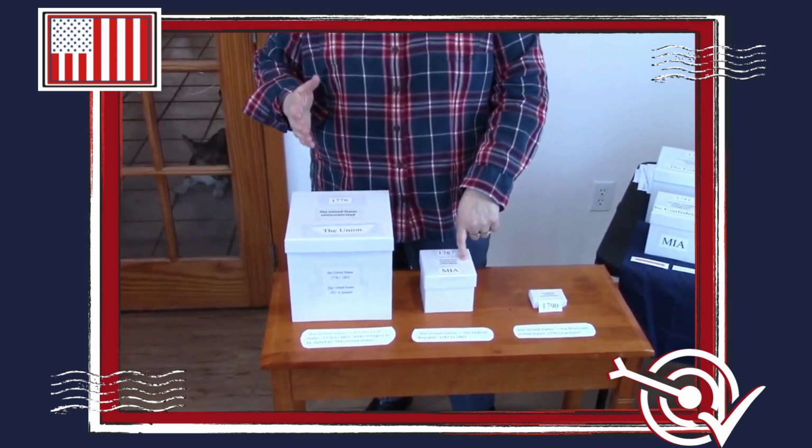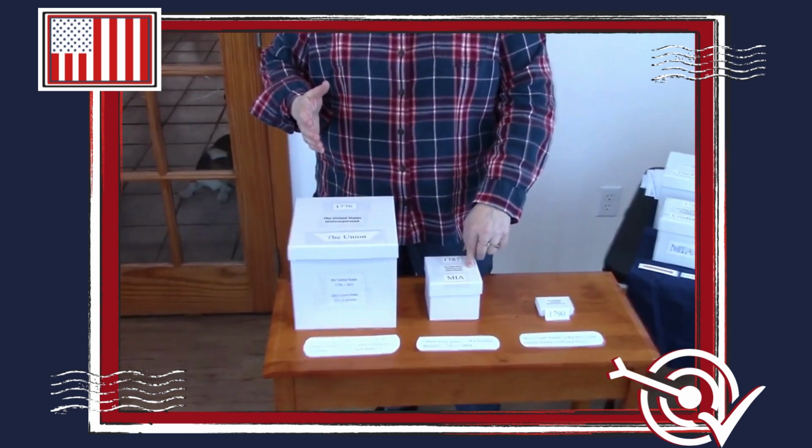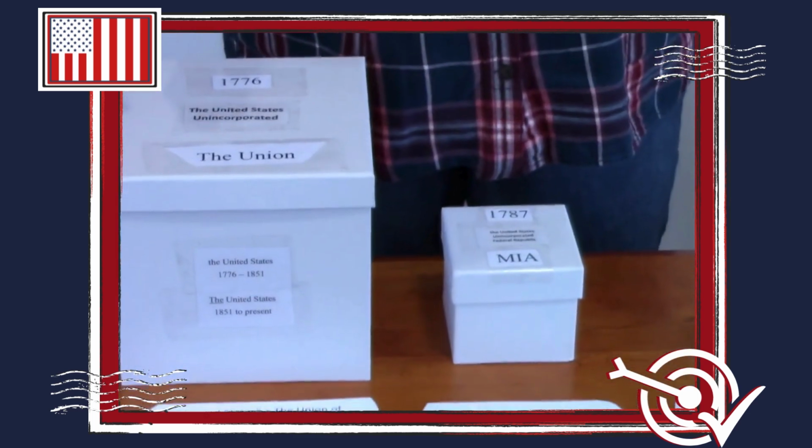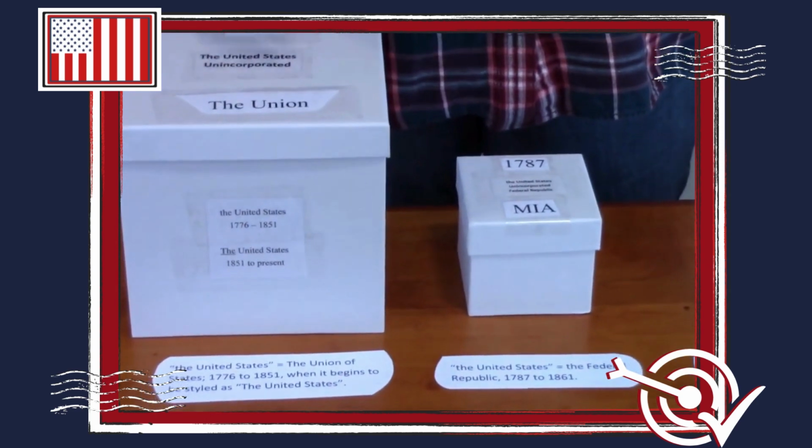Otherwise, from the time period of 1787 to 1861, when the Federal Republic stopped functioning, there's a possibility that you could be talking about any one of these three when you're reviewing historical literature of the time period. So you always have to look at the context.